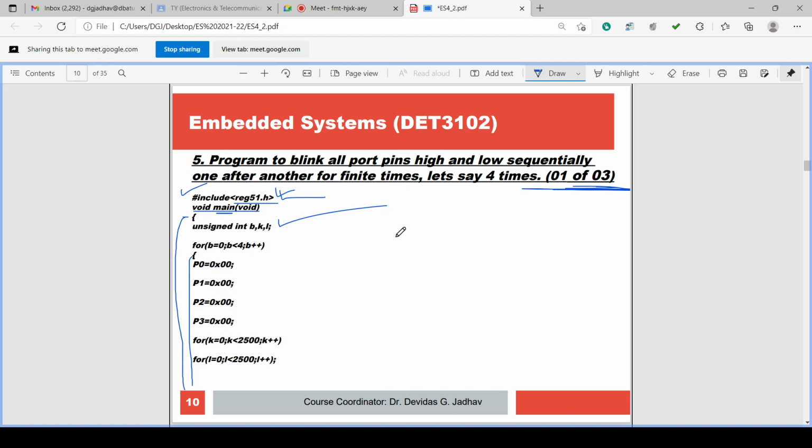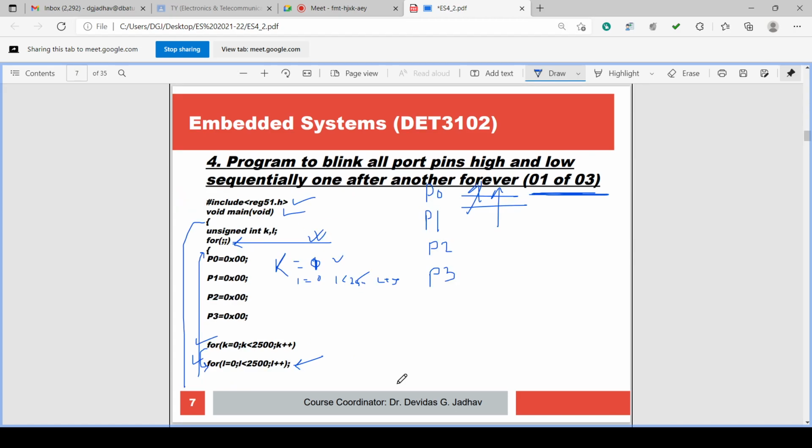And instead of for semicolon here, if you observe, after include, void and unsigned declaration, for double semicolon is there, isn't it? For double semicolon.